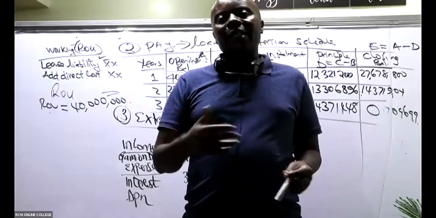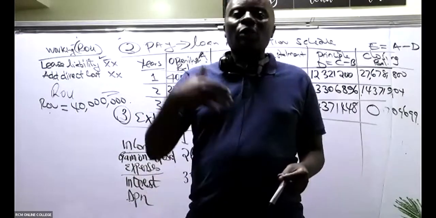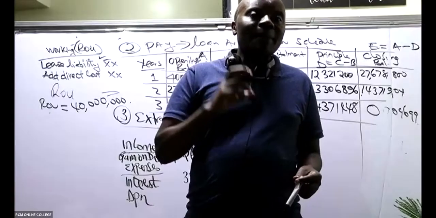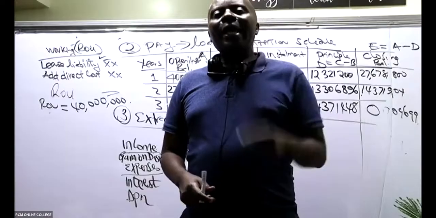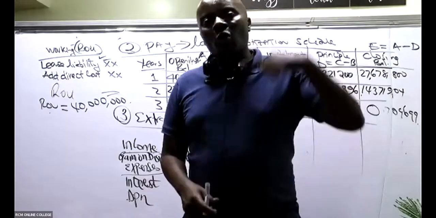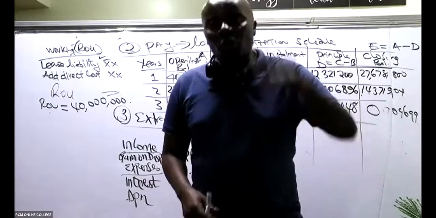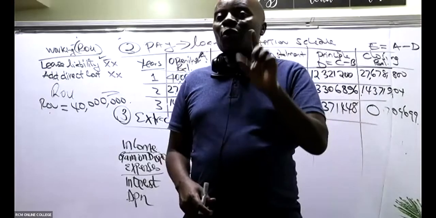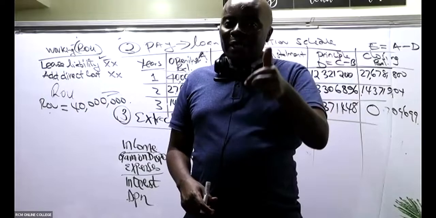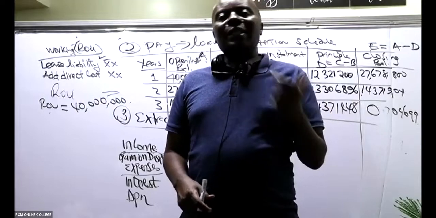Remember, an asset is any economic resource that you own or control, from which you are able to derive future economic benefits, and those benefits can be measured reliably. Then automatically, that's an asset.